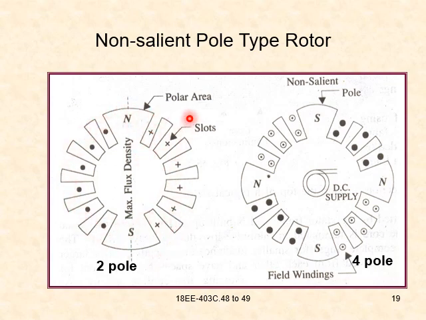These are the slots. This is a pole area. This is for 2 poles and this is for 4 poles. You can differentiate them by this portion, the pole area. This is north, this is south, this is the pole area, and the remaining part is with slots. So this is a 4 pole area.